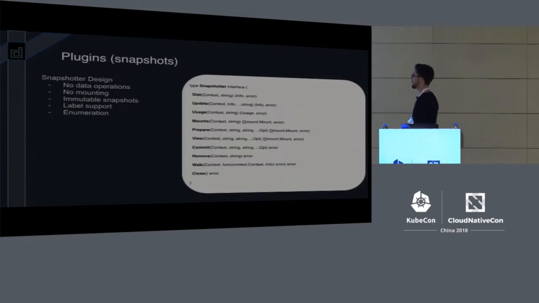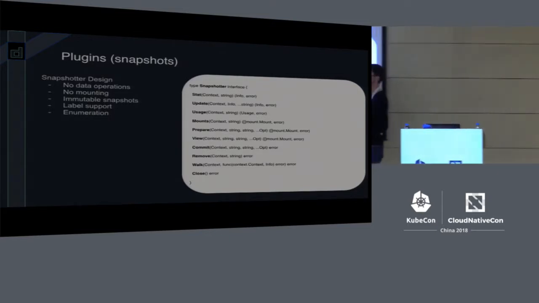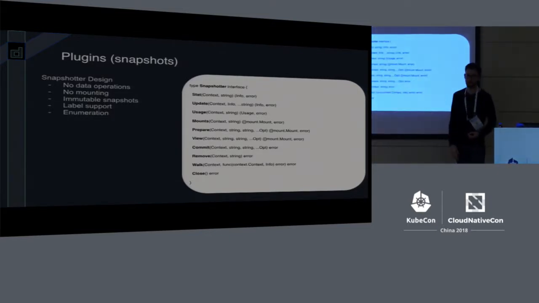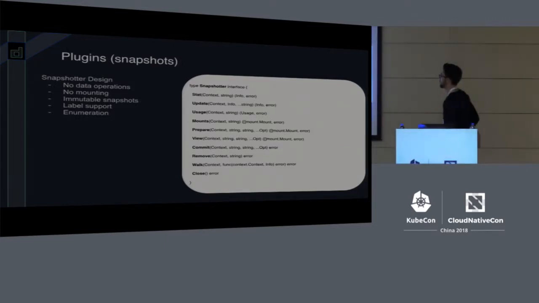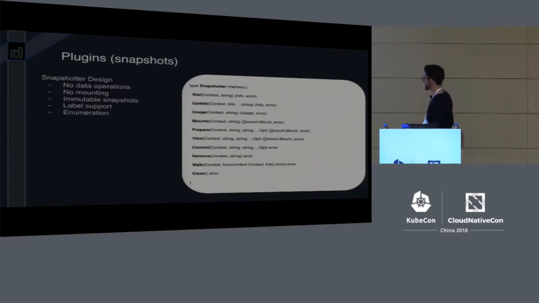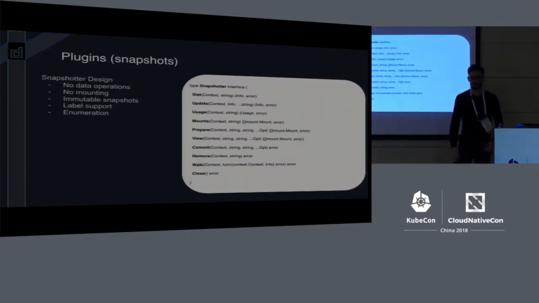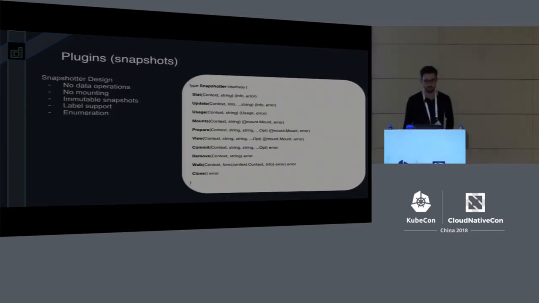We have immutability for snapshots: once you create a new snapshot and commit it, it is immutable, and there's no way through the API to mutate it anymore. Snapshots themselves can be labeled. As you saw in the previous diagram, the garbage collector doesn't need labels to create some of those links, since snapshots have a natural hierarchy. When you prepare a snapshot, you always give it the parent you're creating it from.